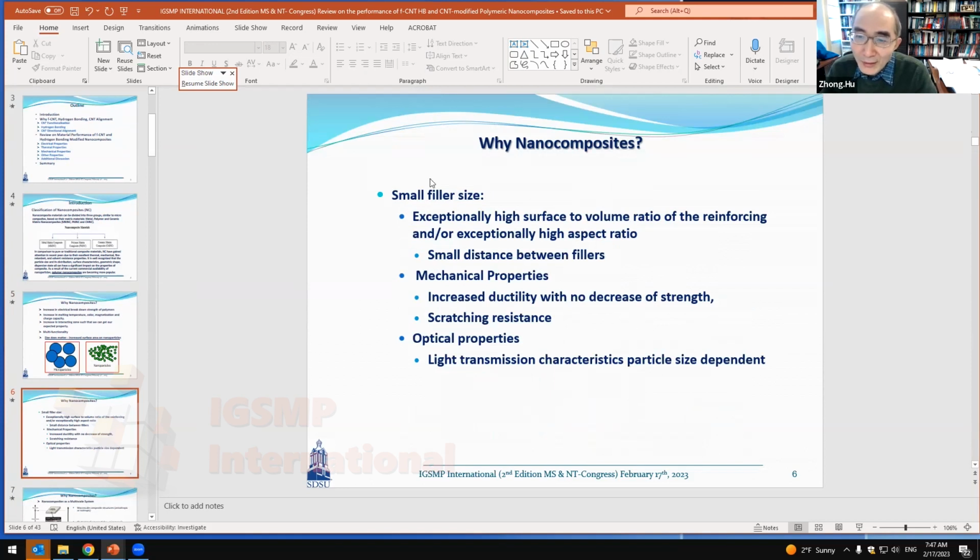First, take a look at the smaller filler. What is the difference? We have an exceptionally high surface to volume ratio of the reinforcement, and exceptionally high aspect ratio. Aspect ratio is usually defined as the length to the diameter, for example, carbon nanotube or fiber.